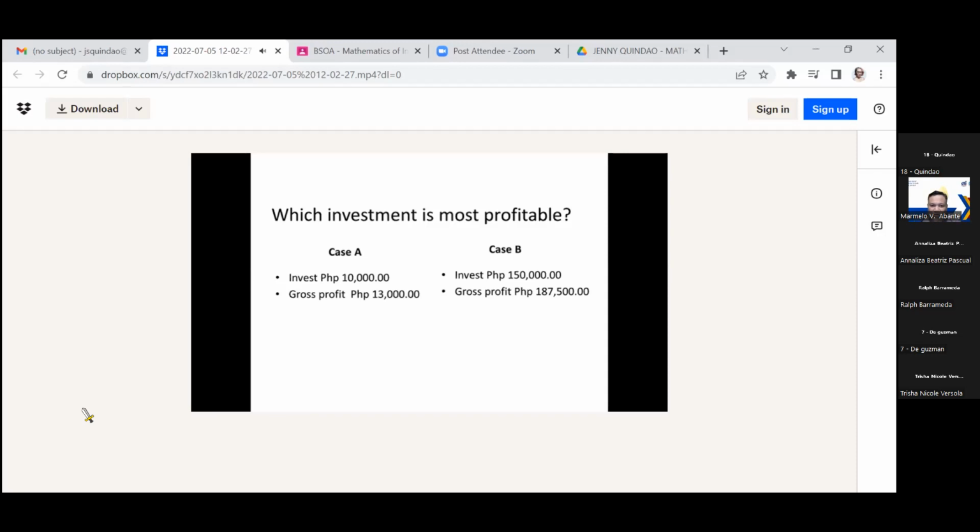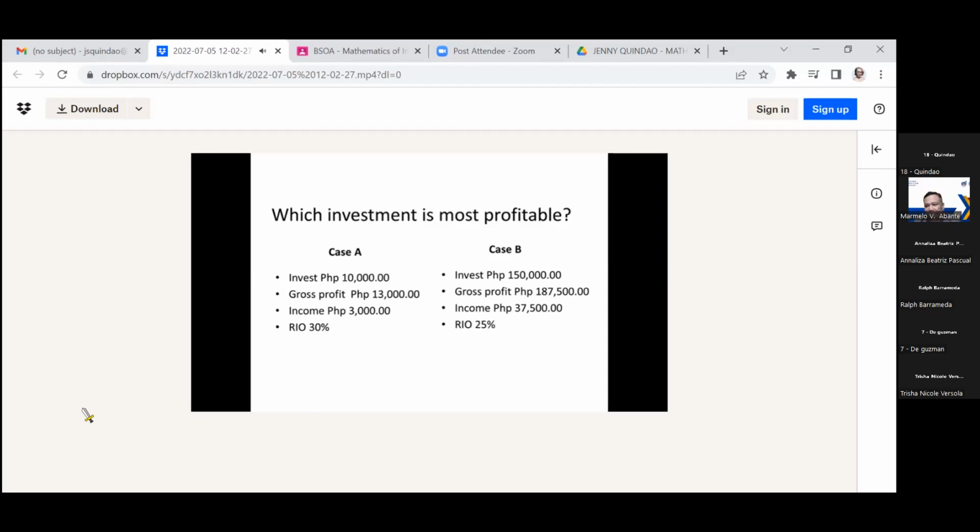Case A gained a profit of 3,000 pesos, while case B gained a profit of 37,500 pesos. In case A the ROI is 30%, while in case B the ROI is 25%.